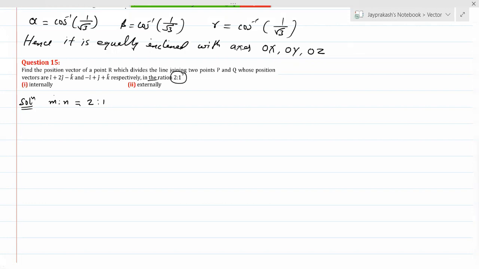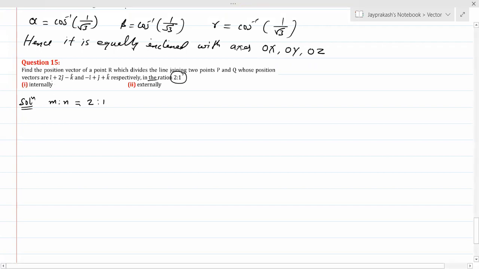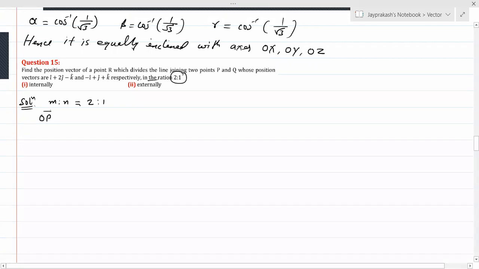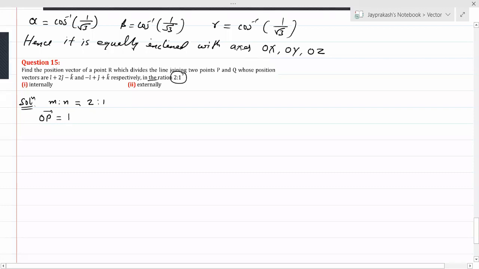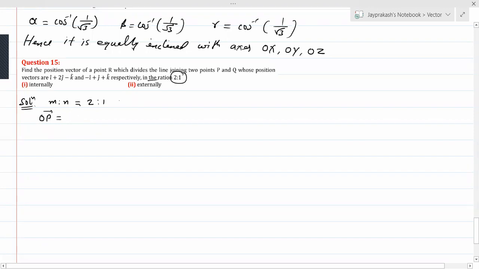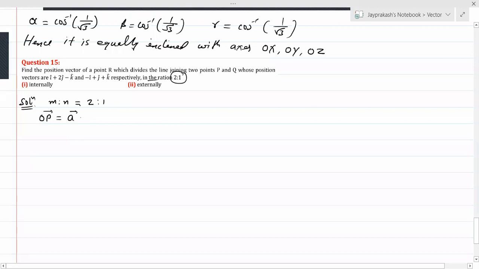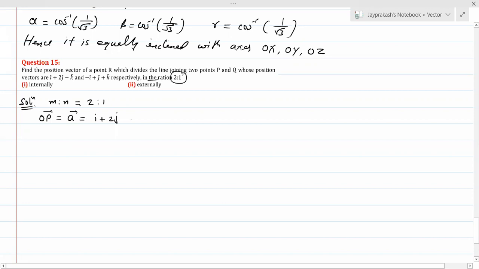We will write the position vector of P as a, since they are starting from the origin. We will denote it as OP. So I'm considering OP as vector A, which is i plus 2j minus k.